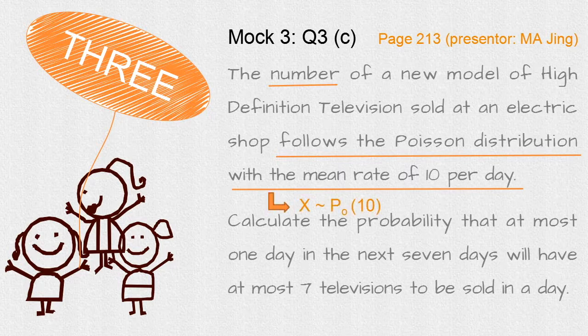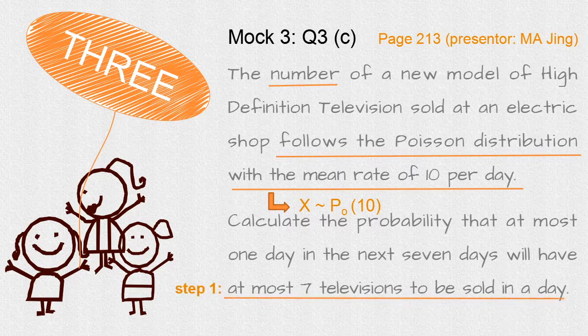Then let's look at what this question is actually asking for. Calculate the probability that at most one day in the next 7 days will have at most 7 televisions to be sold in a day. From this question, we know that there are 2 conditions, and we need 2 steps in order to solve the problem.